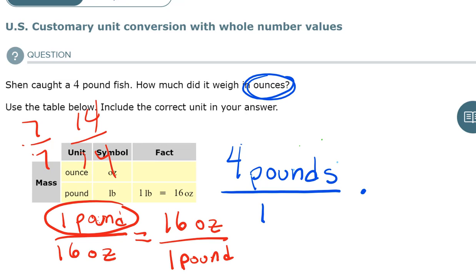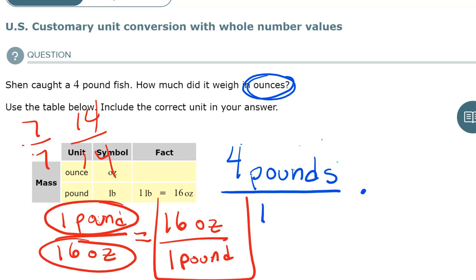Well, this is something over itself. Yes, it's expressed in a different way, but 1 pound and 16 ounces are the exact same thing. So I'm going to use that because this is 1 and this is 1. So I'm going to use that to rewrite something in pounds as something in ounces.